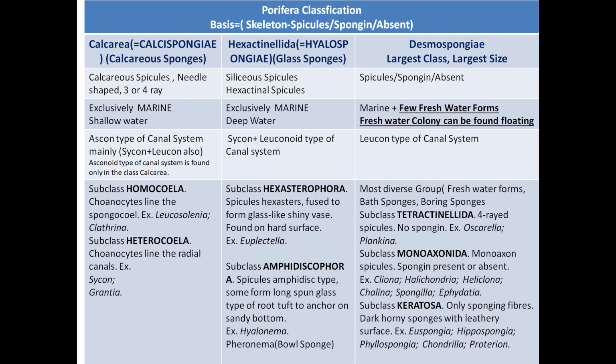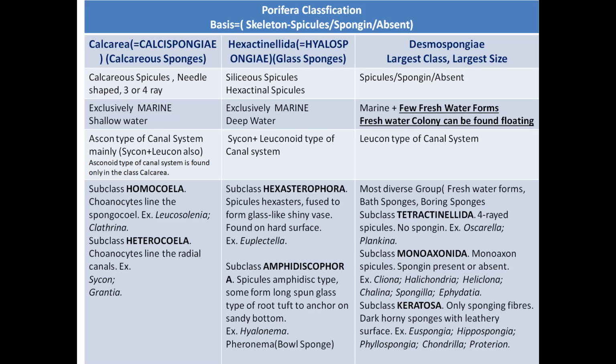The freshwater forms are included in the class Demospongia. Most of the specimens are marine, but a few freshwater forms are found. A freshwater colony of sponges is Spongilla, and it is found floating in freshwater lakes and ponds.